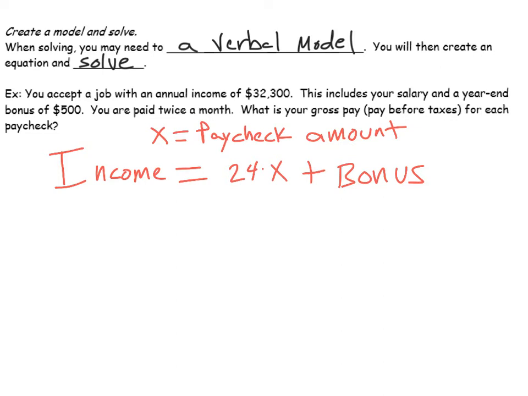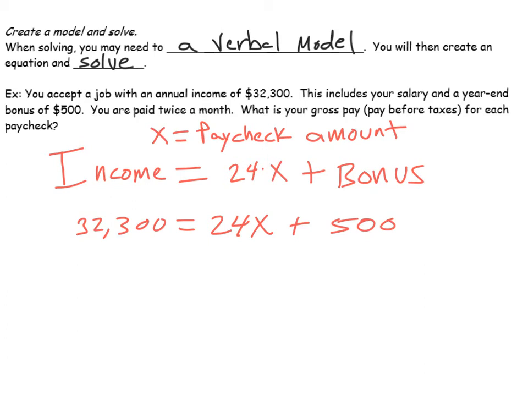Okay? From there, I can kind of take the equation approach and say, all right, my income is $32,300. My 24 paychecks plus my bonus, which is $500. Okay?